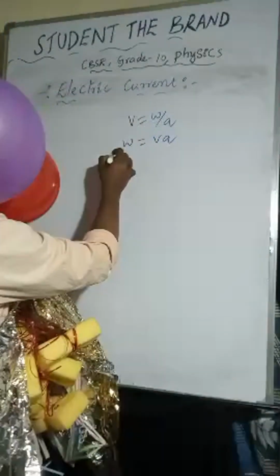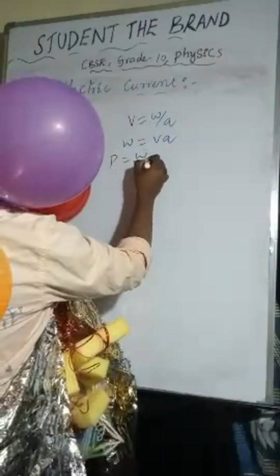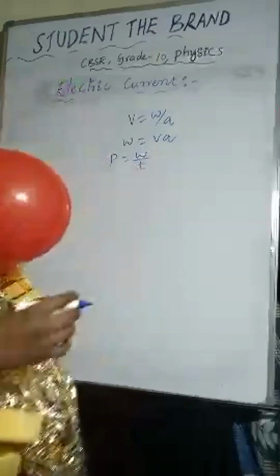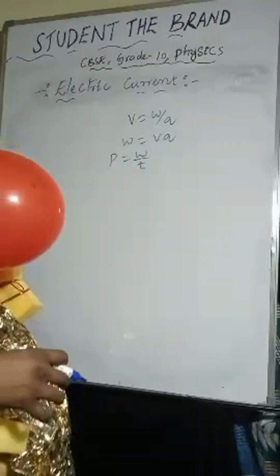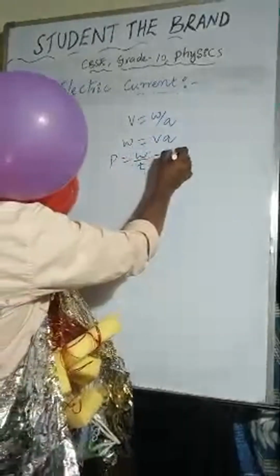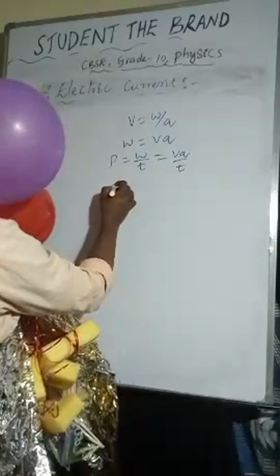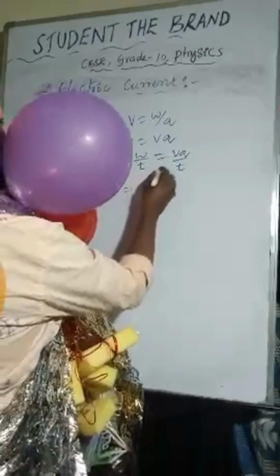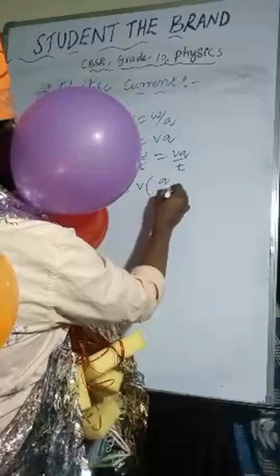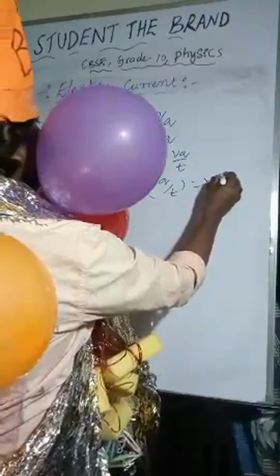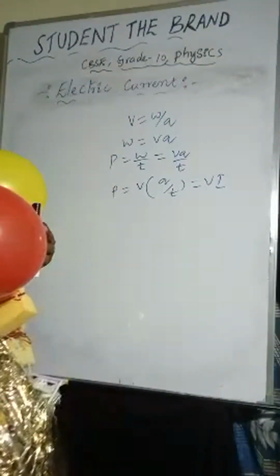P equal to W by t. The rate of doing work is called power. So VQ by t, P equal to V into Q by t, that is nothing but I, current.